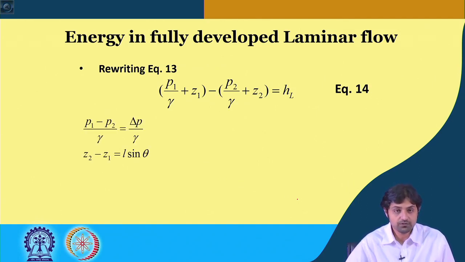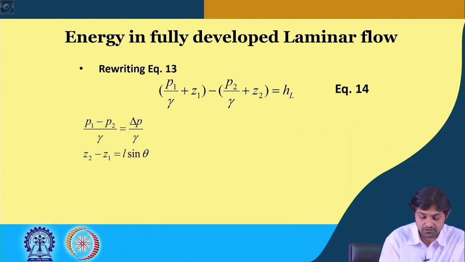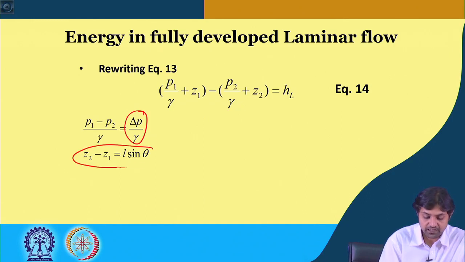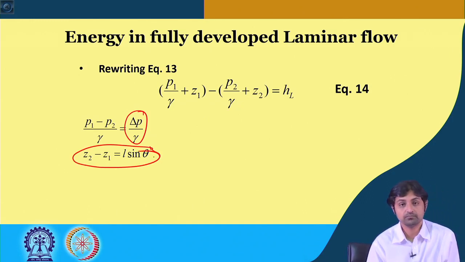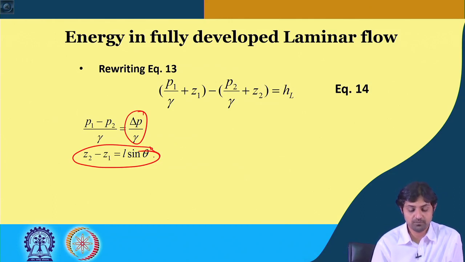So, what we are going to get, P1 minus P2 by gamma, which becomes delta P by gamma. Z2 minus Z1 we can always write as L sin theta, the datum, if the slope of the bed is theta.